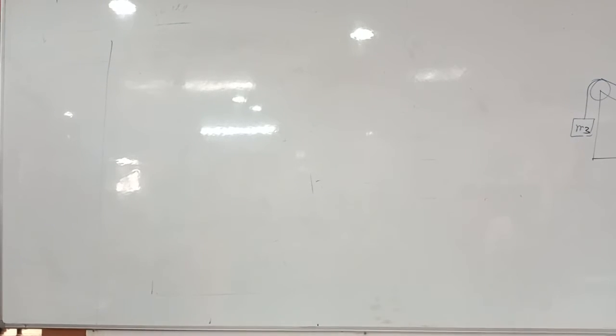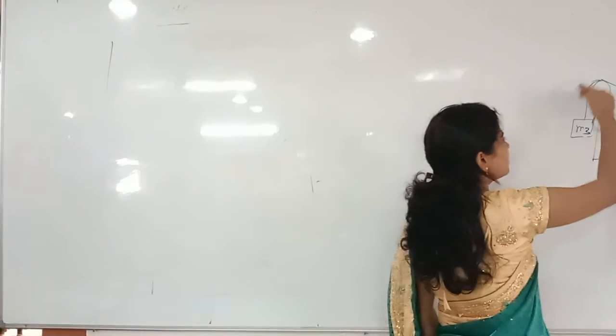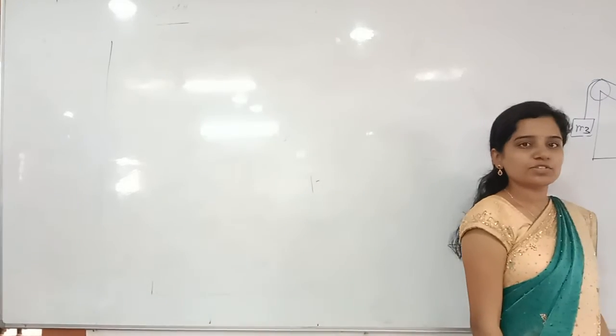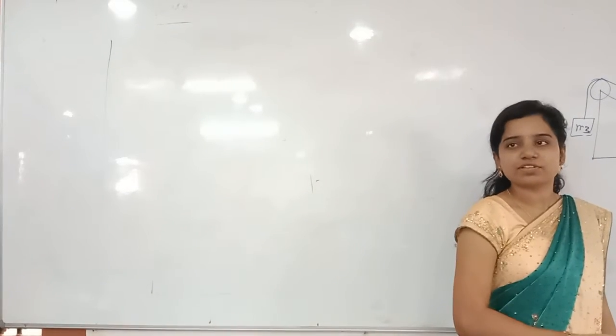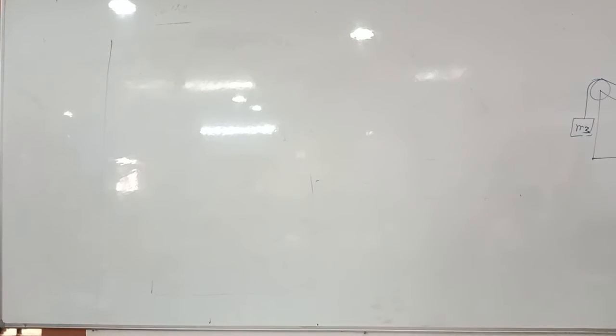Two strings and then two tensions will be there. Look at the diagram. This is one and this is another string. Two strings are separated by a mass here. So you have to draw two tensions first of all. Two tensions you have to take. Then cancel the tensions, and you get the acceleration.